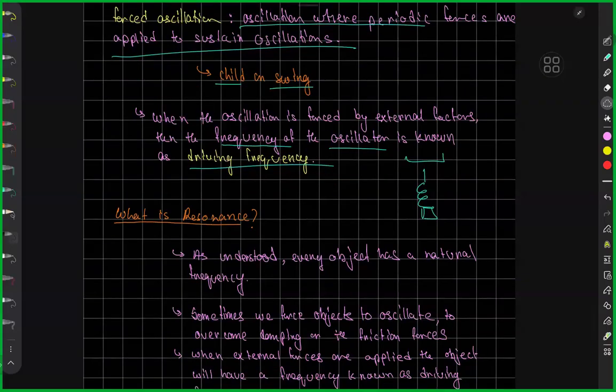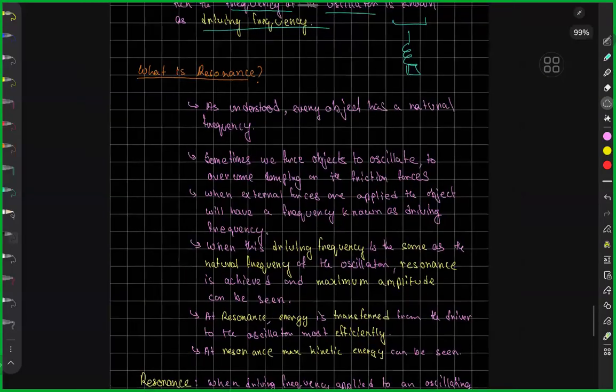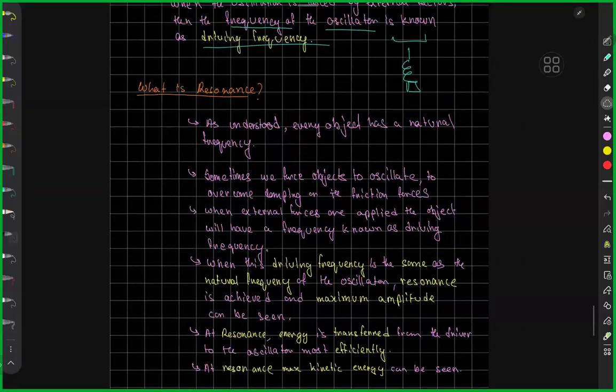Now this is where things get interesting. Up till now, by the way, what I showed over here is how the driving frequency works, or how externally we can change the frequency of the mass. So basically, if you just pull this down and it oscillates, the frequency that it will oscillate at is the natural frequency.